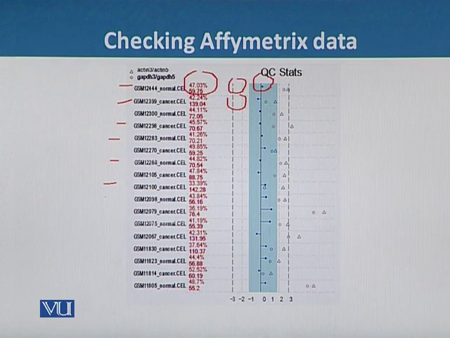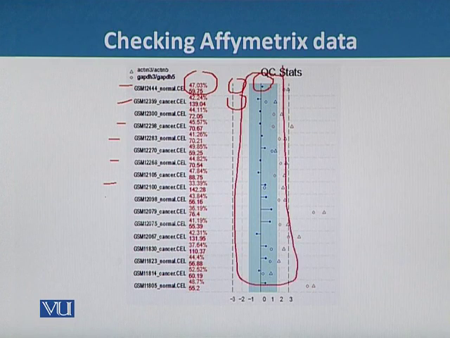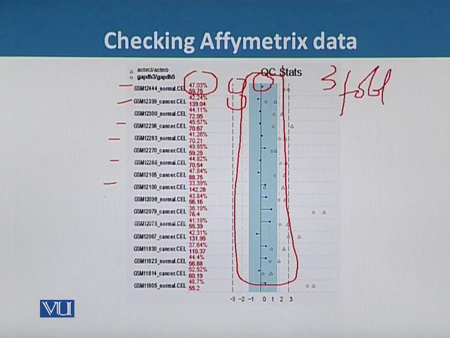The blue region in the middle denotes the area where scaling factors are less than threefold, because we always consider the significant data that is less than threefold or higher than threefold. Either it is down-regulated more than threefold or up-regulated more than threefold.